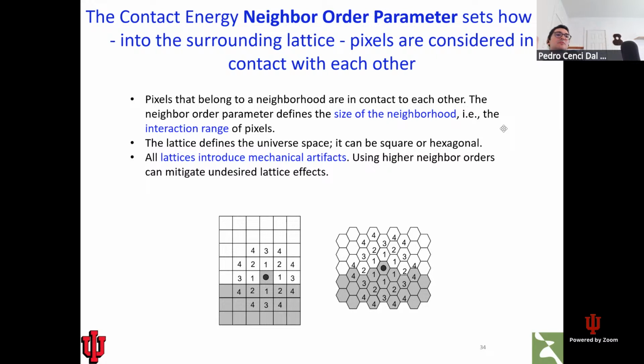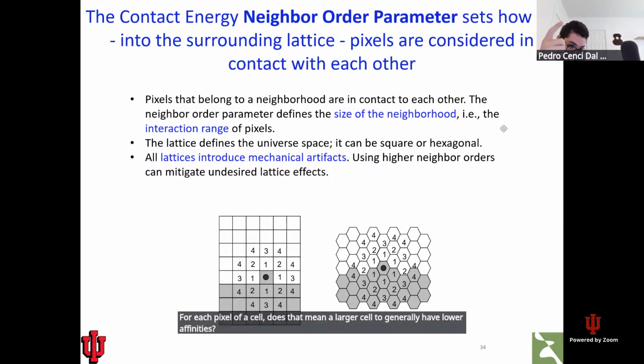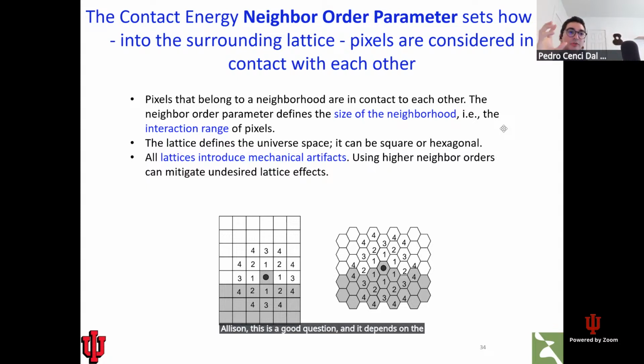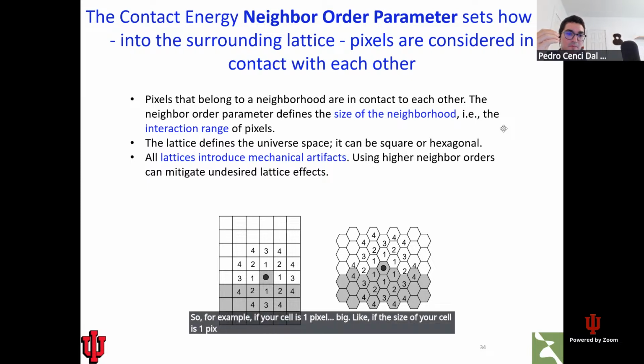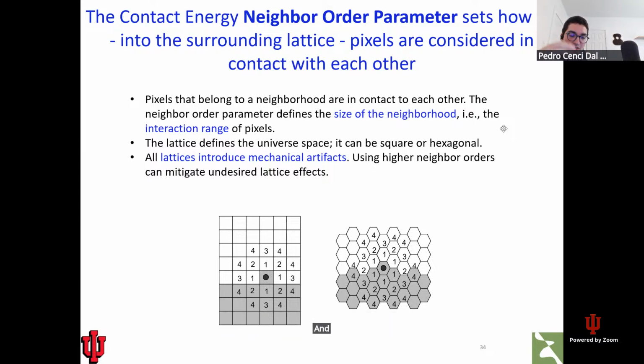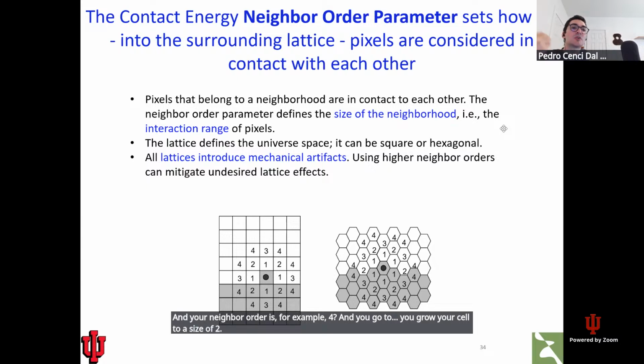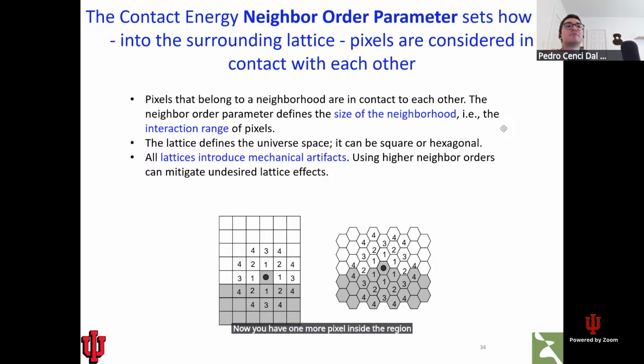If you're checking the neighborhood for each pixel of a cell, does that mean that larger cells will generally have lower affinities? Allison, this is a good question, and it depends on the size of the neighborhood. For example, if the size of your cell is 1 pixel and your neighbor order is, for example, 4, and you grow your cell to a size of 2, now you have one more pixel inside the region, which means you have lower affinity because you added an extra pixel.